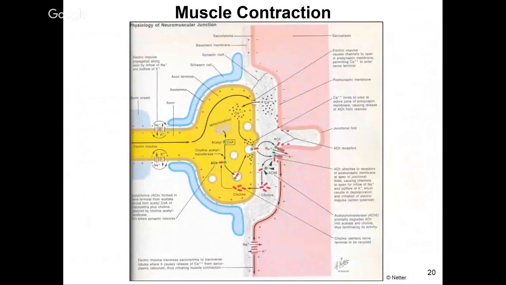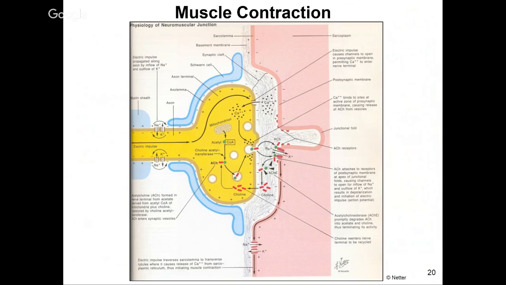So let's go here. If you look at the left with the yellow neuron, it's trying to show that there's a wave moving down, an electrical impulse. It reaches the end of the synapse. You can see there's a space between the muscle and the end of the neuron.